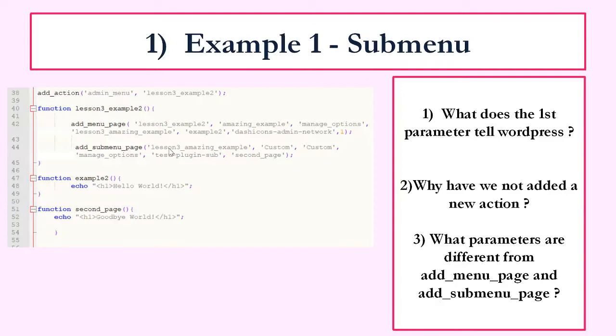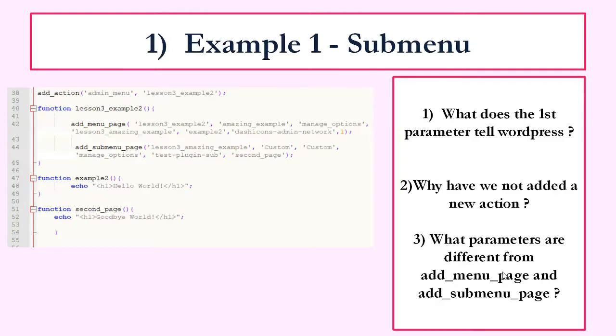In this one, the parent is the lesson 3 amazing example. Why have we not added a new action? Well, we only need one action to initialize this code. Both of these WordPress functions can be run at the same time, and they both can be hooked to the same location. So we don't need to add a new action here.